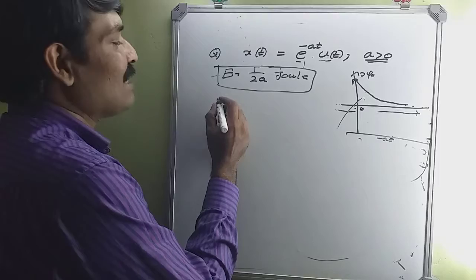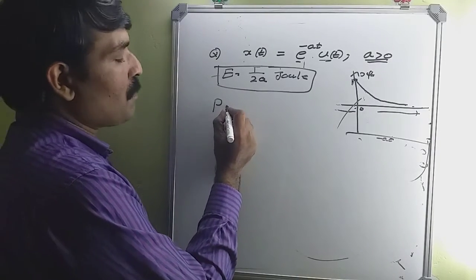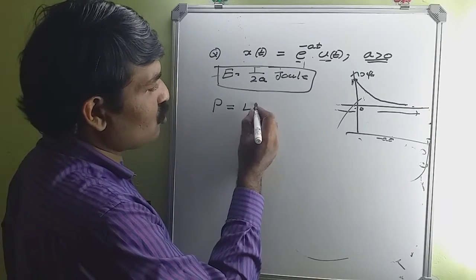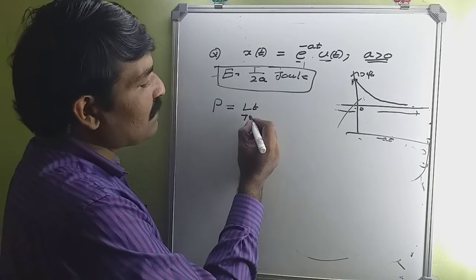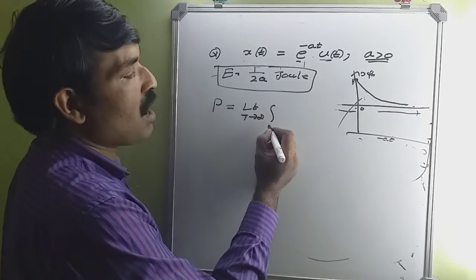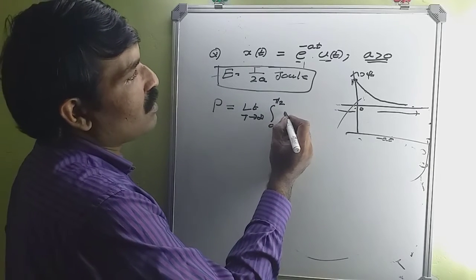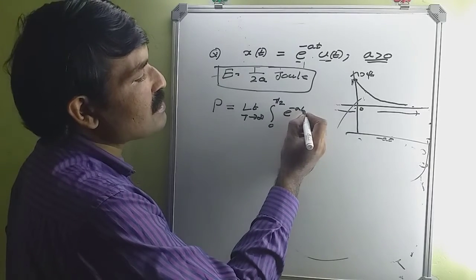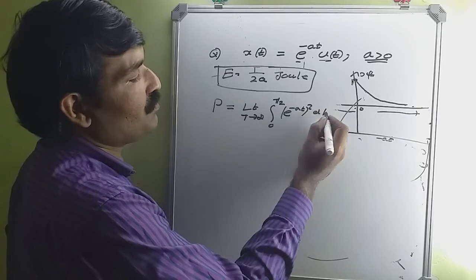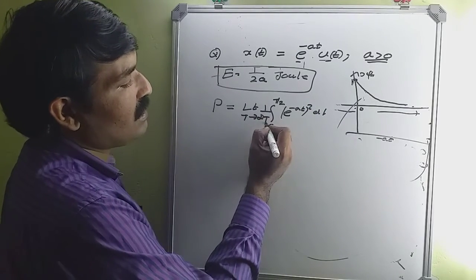Right. Now let us check the power of the signal. Power of the signal P is equal to, this is average power, limit t tends to infinity, integral 0 to t by 2 of e raised to minus at the square dt, divided by, here this is divided by, 1 by t.